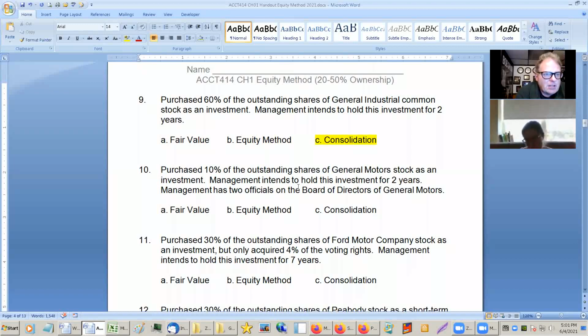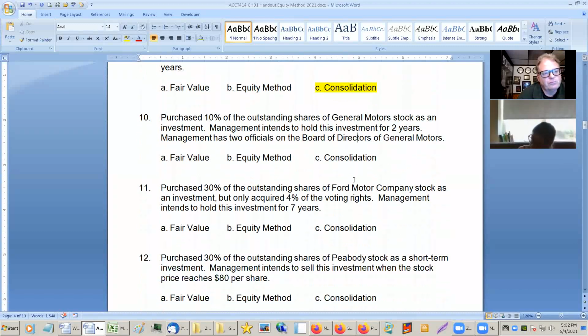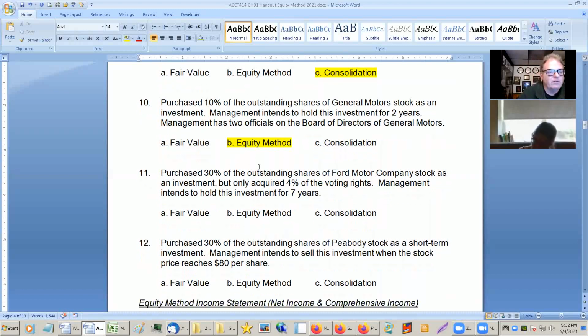Okay, purchase 10% of the outstanding shares of stock as an investment. Management intends to hold this investment for 2 years. Management has 2 officials on the board of directors of General Motors. So I guess that would be equity because they'd be influential. Yep. If you have anyone on the board of directors, you're definitely influential. You're not controlling, but you're influential.